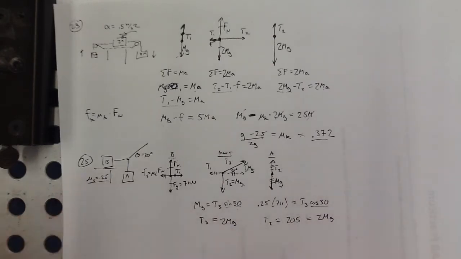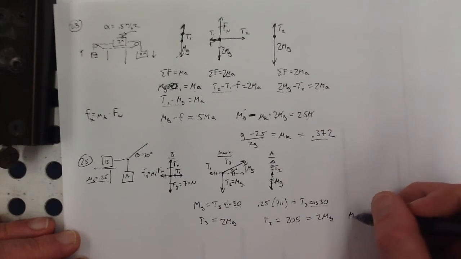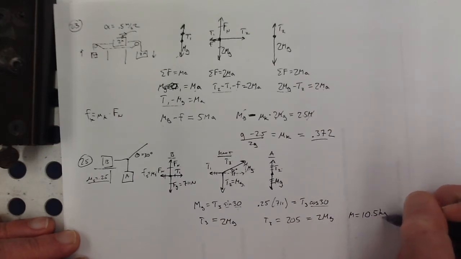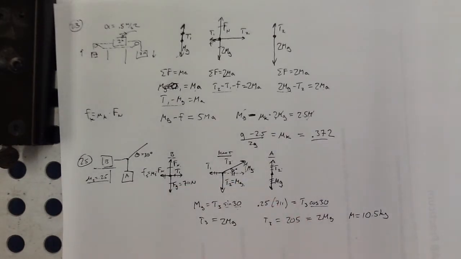So if I divide the 205 by 2g, then I get a mass for block A. And they gave, was I asked for the weight of it instead? Yeah, the weight.